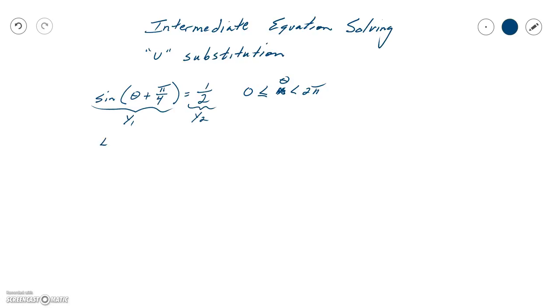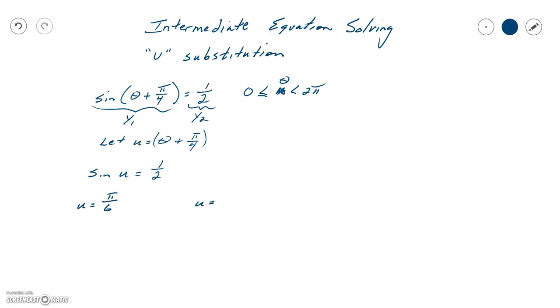Using this U substitution, we're going to let U equal theta plus pi over 4. And that gives us the sine of U equals 1/2. And I can solve this pretty easily just through my knowledge of the unit circle. Sine of U equals 1/2. That's going to happen at pi over 6.